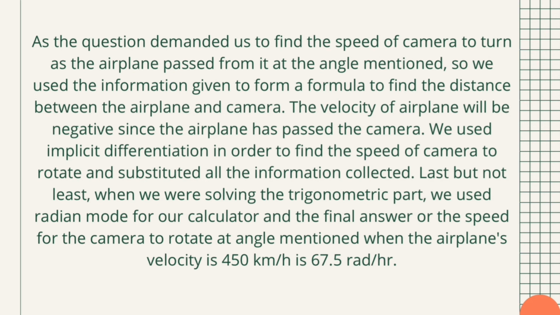We use implicit differentiation in order to find the speed of the camera to rotate and substitute all the information collected. Last but not least, when solving the trigonometric part, we used radian mode for our calculator, and the final answer, or the speed for the camera to rotate at the angle mentioned when the airplane's velocity is 450 km per hour, is 67.5 rad per hour.